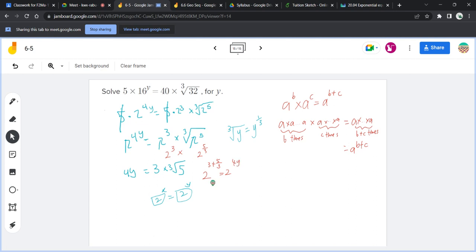So now we can write 4y is equal to this, 3 to the 1 3. So it's 9 plus 5 is 14. So here we can find that y is 7 over 6.